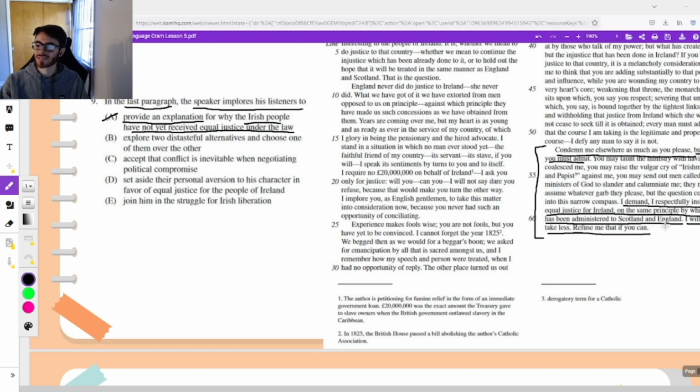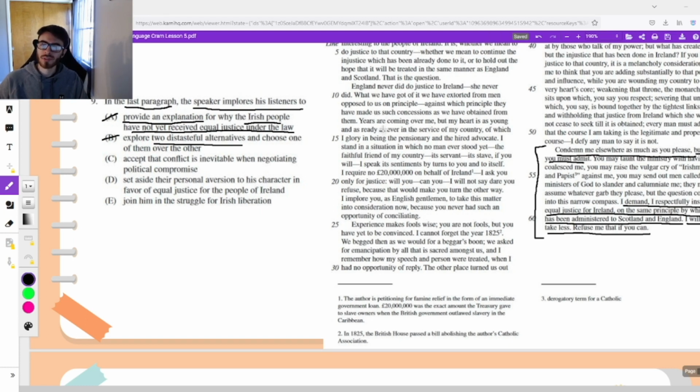He is telling them to pick his side, essentially. He's not even giving them much of an option, right? He's saying, I will not take less. You must admit this. You must help me with this, right? So you may taunt me, but I demand equal justice for Ireland. He's not giving them two options and asking them to choose. So not B.